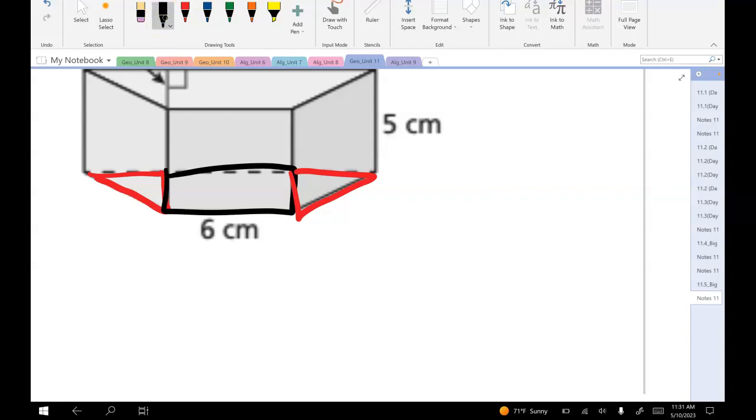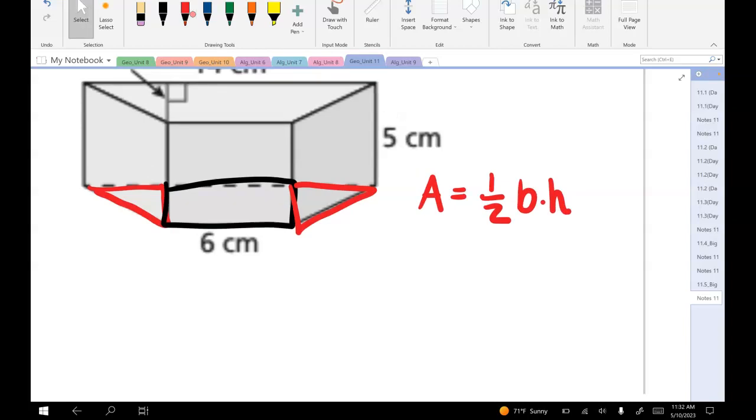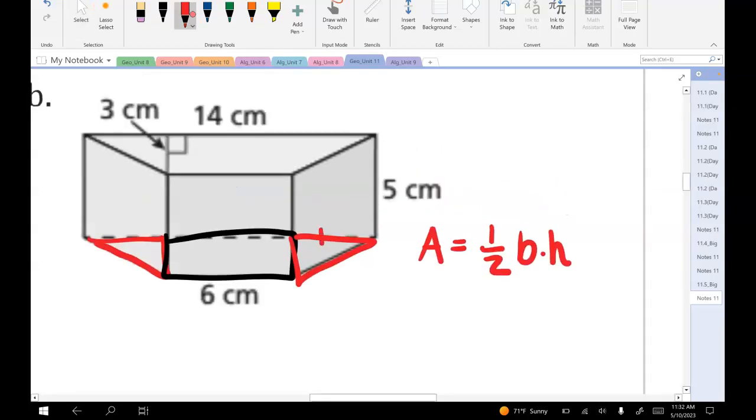So we'll do the area of the 2 triangles first. We need to find the base and the height of each of these. So this, with the double dash mark, that's going to be the base of our triangle. And if we know that the whole top section, we know this length is 14, that means this whole length is 14 as well.